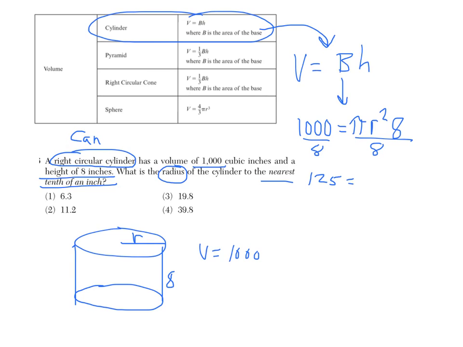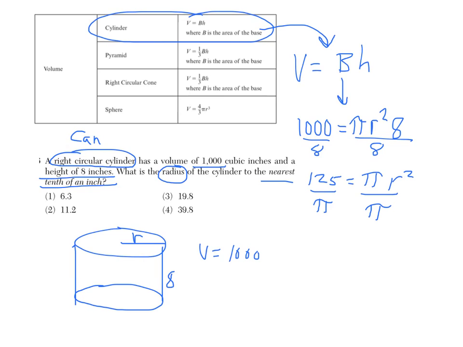So 125 is pi r squared. I want to find out what r is. From here I could continue by dividing by pi. That's one route to get the answer.